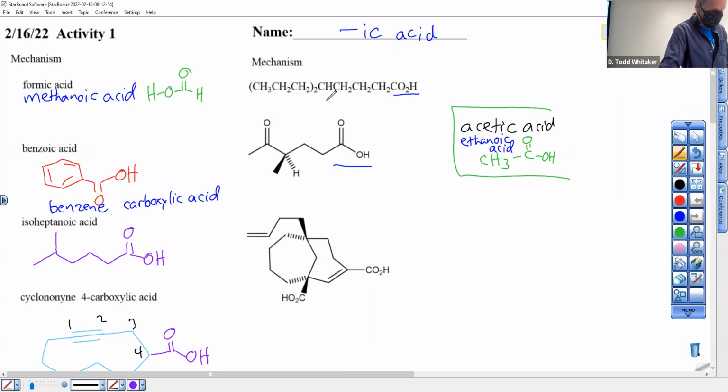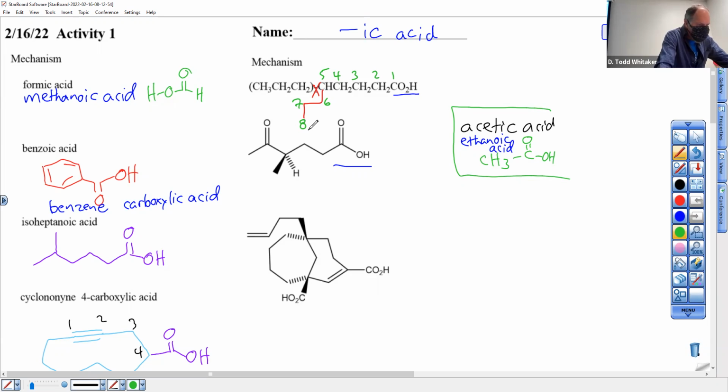Moving on up. This one, we have to find the longest chain. Parentheses are not our friends in this kind of nomenclature, so I crossed off the 2 and I went 1, 2, 3 carbons. The chain can go 1, 2, 3, 4, 5. You can go 6, 7, 8 down here, or 6, 7, 8 to the left. It doesn't matter. They're both propyl groups. One of the propyls is really part of the chain.